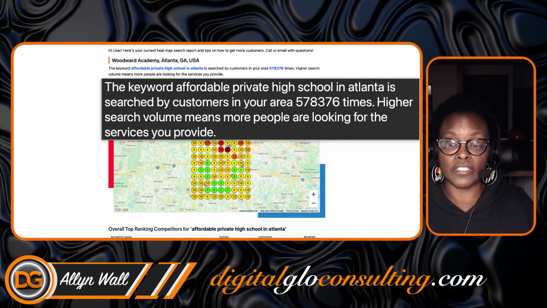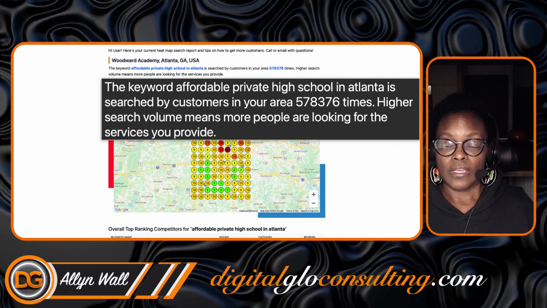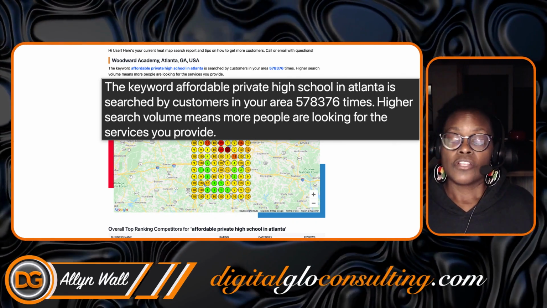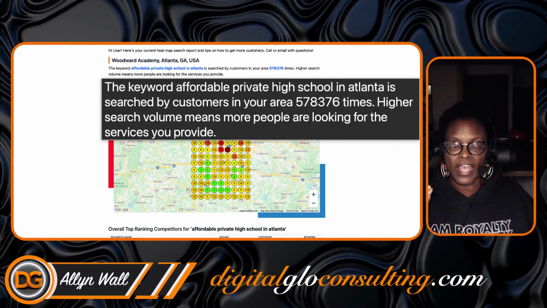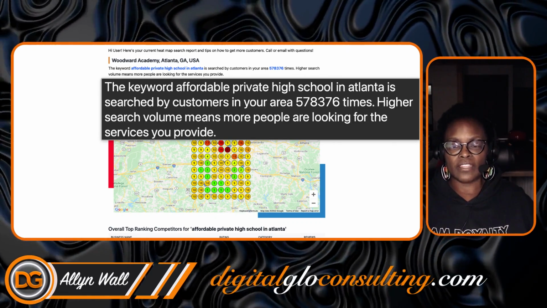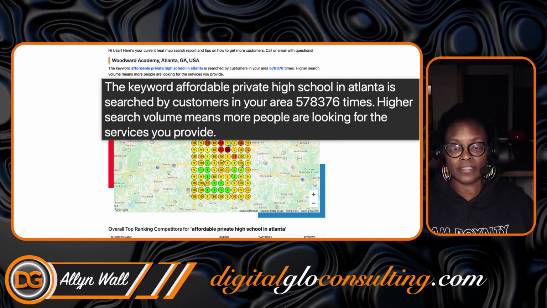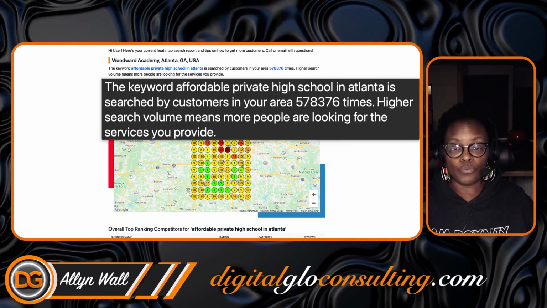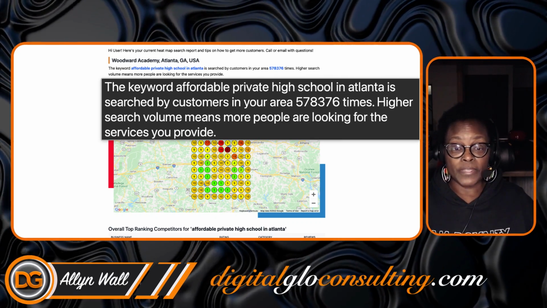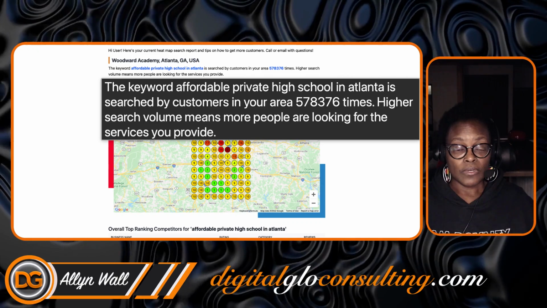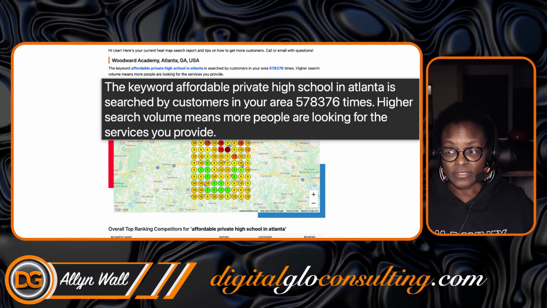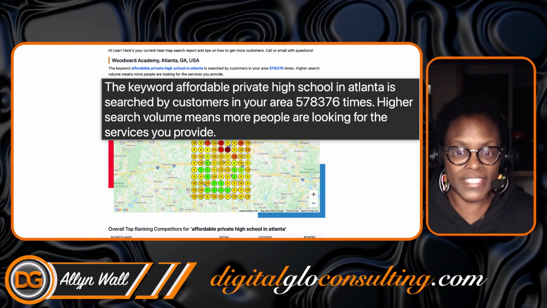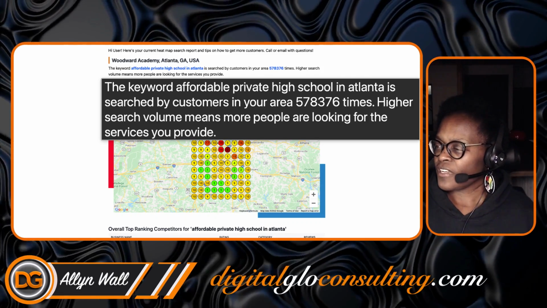That's huge. So imagine out of 578,000 times that these keywords are used, you want to make sure that your business is getting in front of these people who are doing this search. Can you imagine missing out on all of those customers?